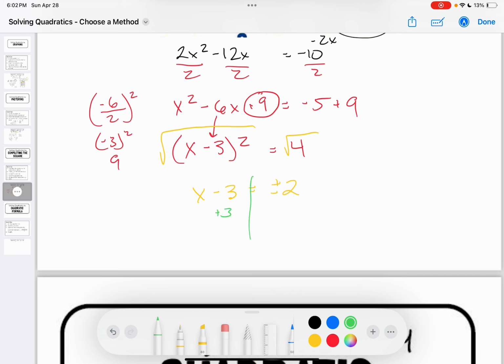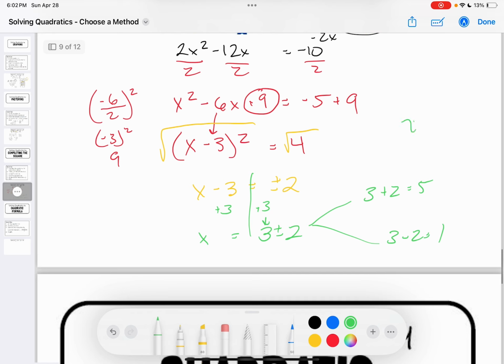I'm going to add that 3 to this side, and I get x equals 3 plus or minus 2. Again, notice where the 3 went in front of that plus or minus. And that allows me to turn this into 3 plus 2 equals 5, and 3 minus 2 equals 1, giving me x equals 5 and x equals 1.